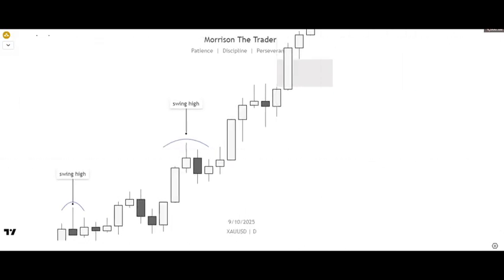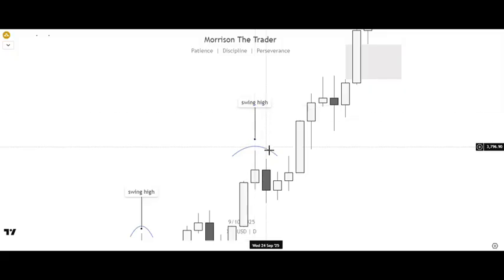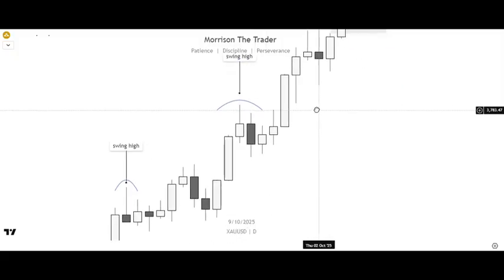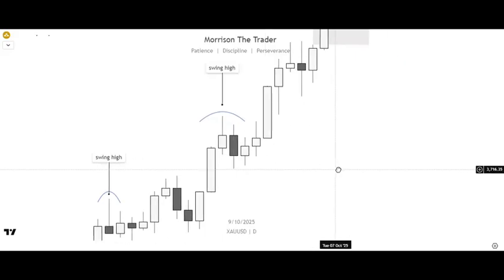As I've indicated here, this is a swing high. What makes it a swing high? First of all, it is a high, let's say a higher high in an uptrend.